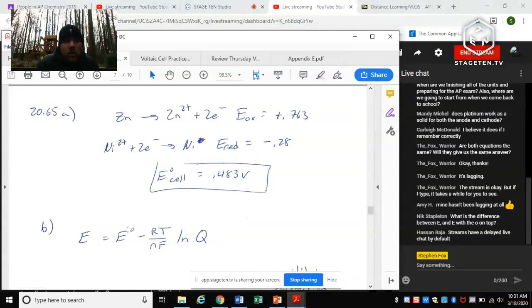Notice how we can adjust it. There's a place to plug in a new temperature, and Q is the same as our equilibrium expression, so if I adjust my concentrations, I would be adjusting this Q value.